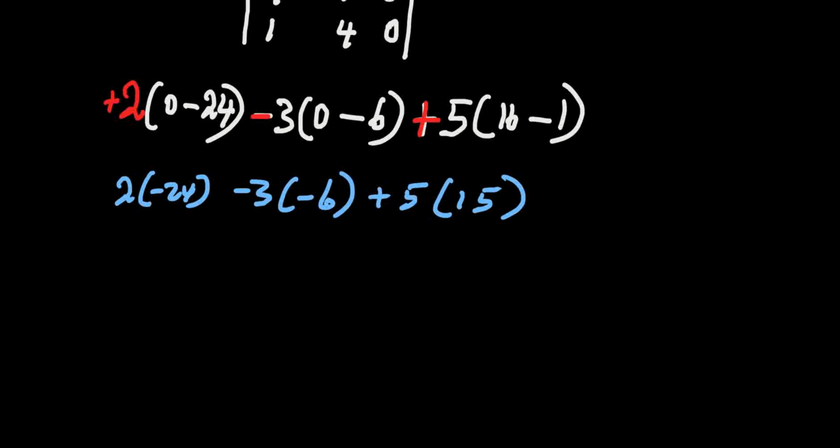So now 2 times negative 24 is negative 48. And negative 3 times negative 6 is positive 18. And 5 times 15 is 75.